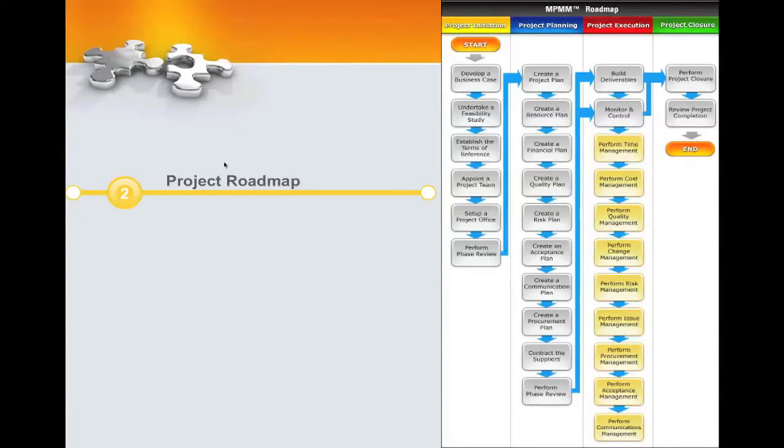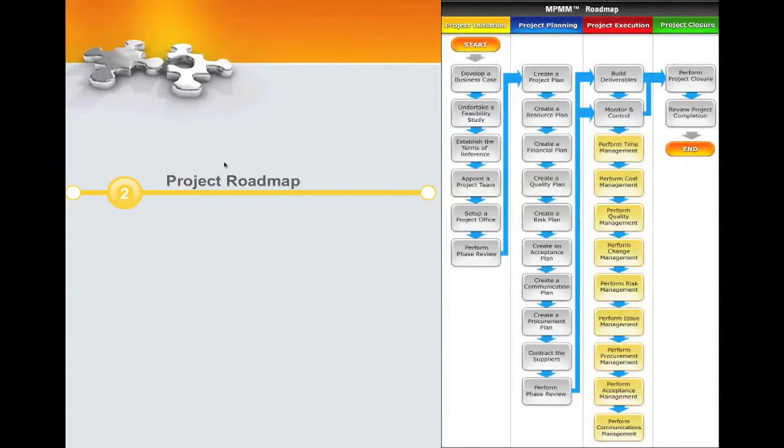You go back, you identify the areas that need more information, and then you go get the information, because you don't want to begin executing, monitoring, and controlling without the outputs. Remember, we're producing outputs of the project planning phase, and those outputs feed as inputs into the project execution.